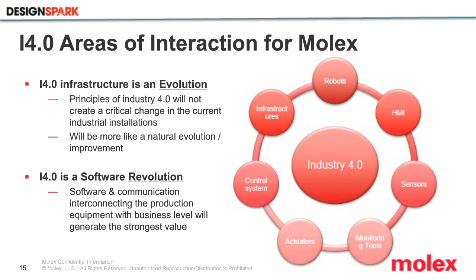The real change and revolution of Industry 4.0 happens at the software and communication level. Here, as we already spoke about in the previous slide, the communication path and the enhanced information flow will allow, at digital level, more decisions to be taken and generate stronger competitiveness improvement on the production capabilities.